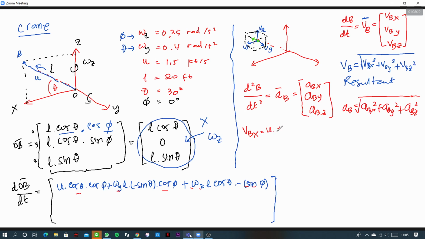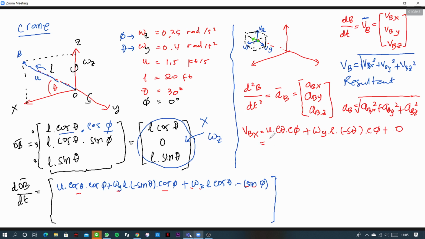U cos theta cos phi, and then plus, this is still cos phi, and then omega y times L times minus sine theta cos phi, and then plus 0. Why 0? Because sine phi is equal to 0.